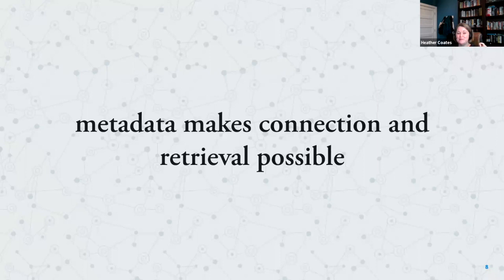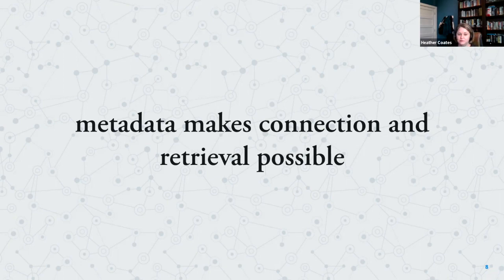Okay, so metadata is what enables many of the connections necessary for the retrieval and the calculation of the indicators that we call metrics. But we know that many places underinvest in the creation of high quality metadata or are under-resourced. So keep that in mind as we talk about the limitations and biases of metrics.